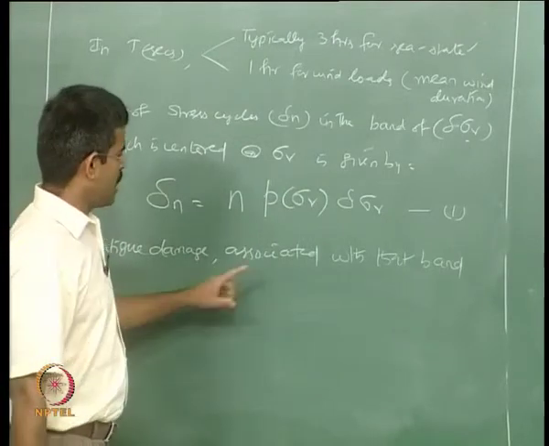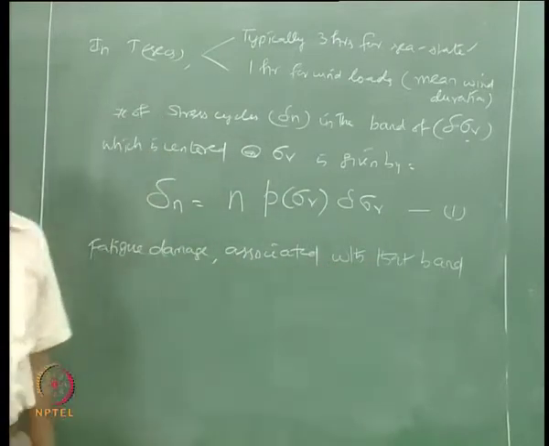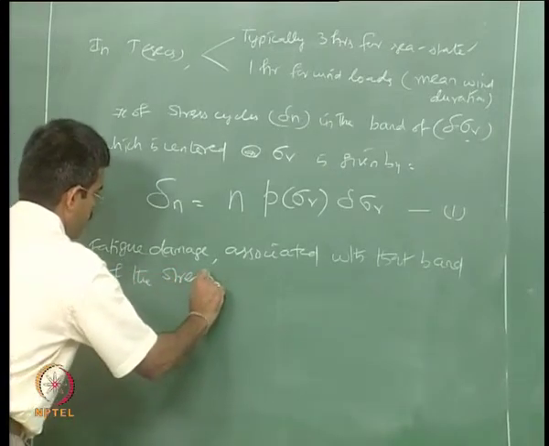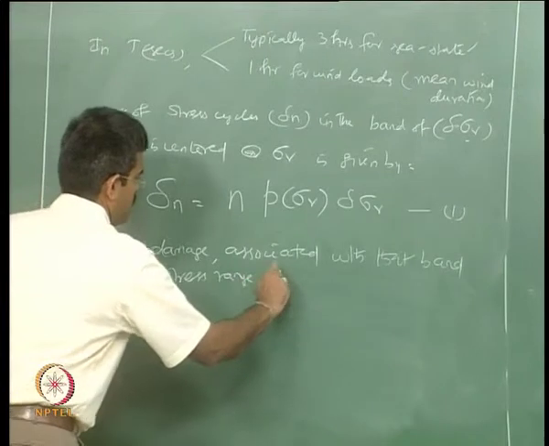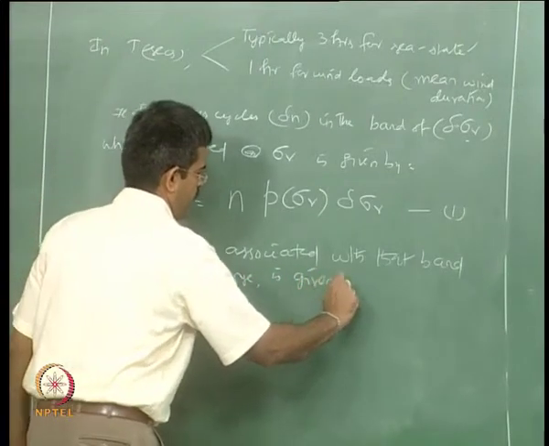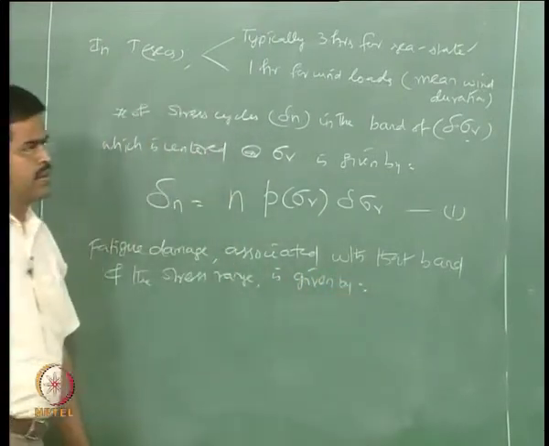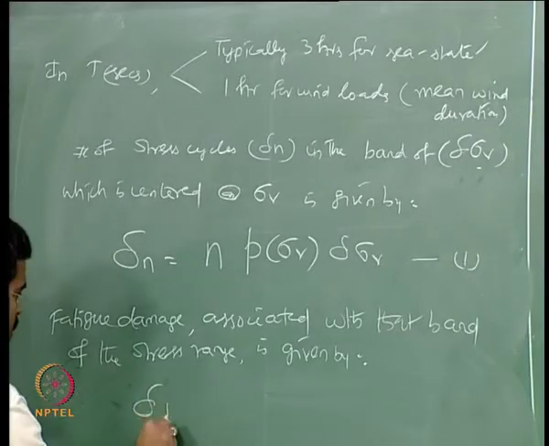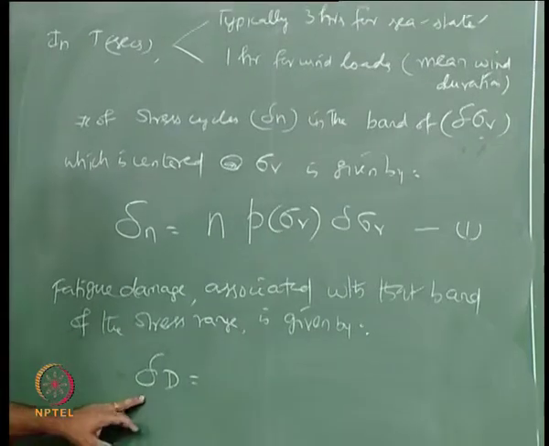So, fatigue damage associated with that band of the stress range is given by delta d. I am using delta for the small band.